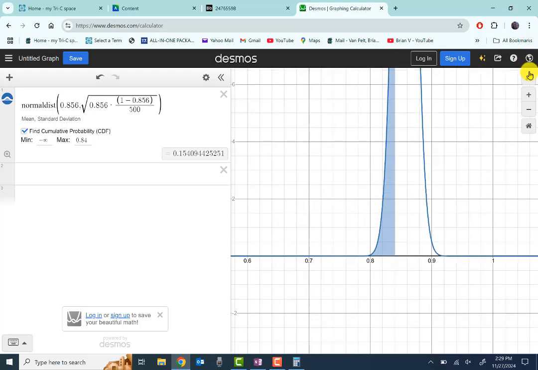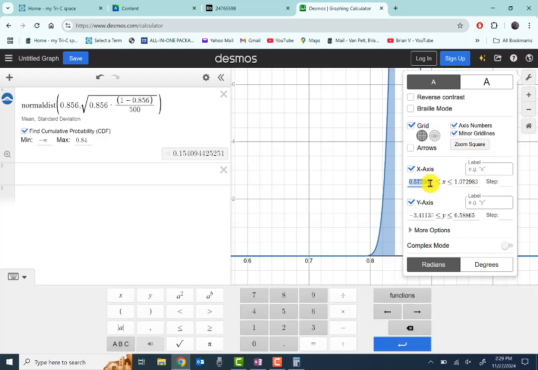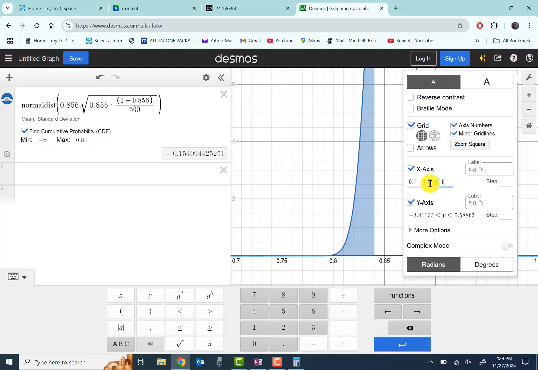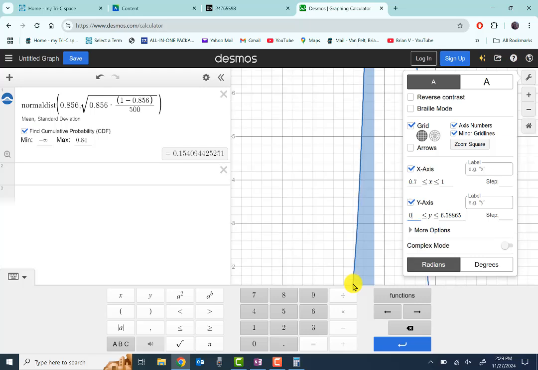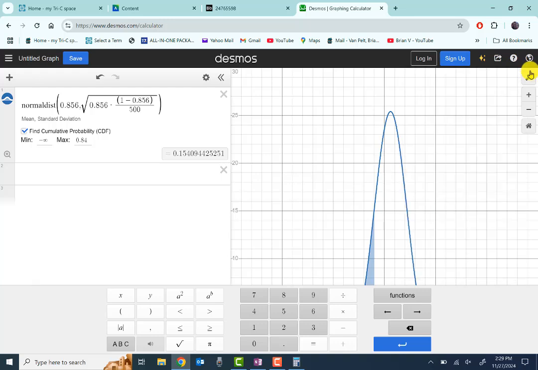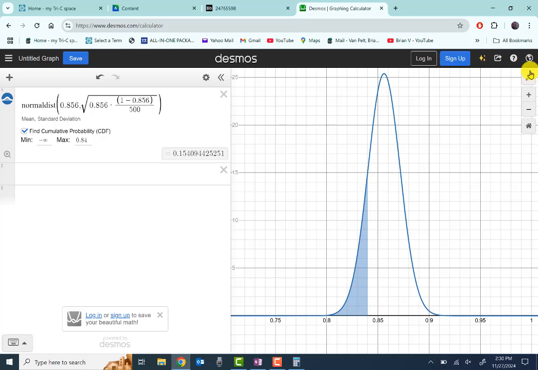To get a good picture, I think I'm going to go from 0.7 to 1. That seems about right. And then the y values, we're going to go from 0 to 30. Try to get it all on one picture.